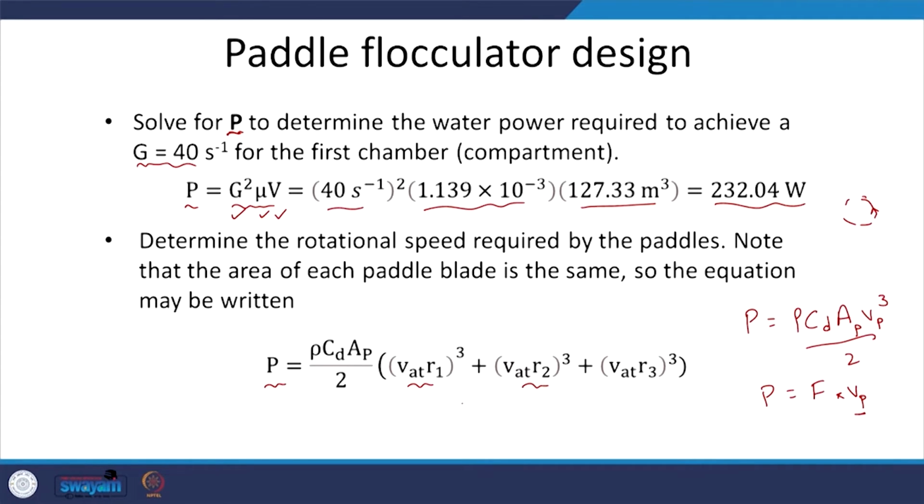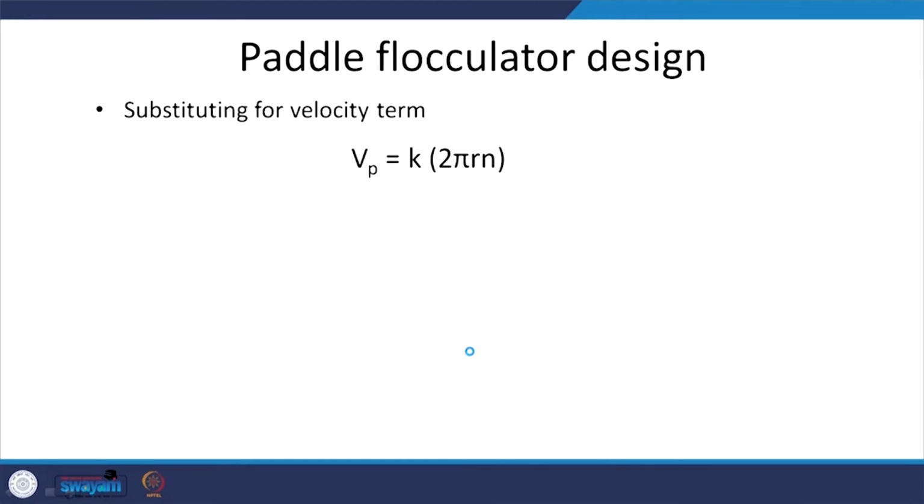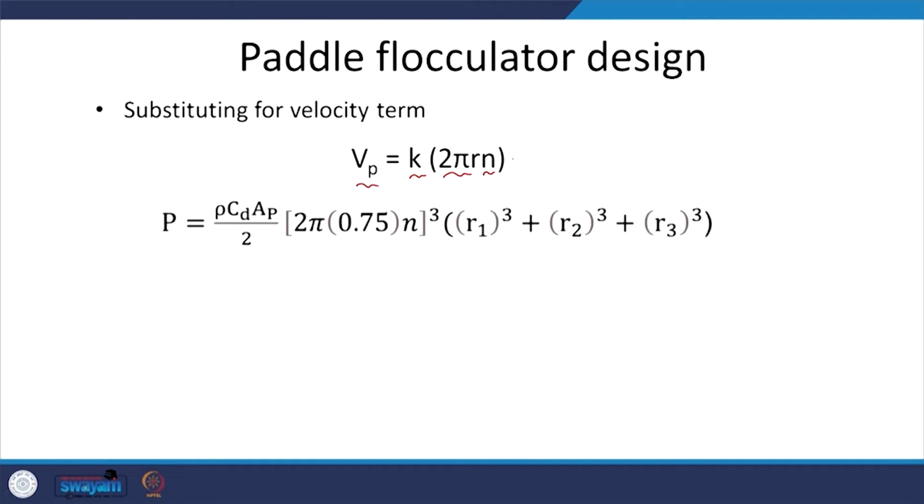So, that is what we have here, and substituting for the velocity term. So, velocity of the paddle, this particular constant 2 pi r, the perimeter it is going to cover, and the rotational speed, right. So, the constant we are taking is 0.75. This will give me an idea about the velocity of the paddle relative to the water, as opposed to relative to the fixed coordinate, right.